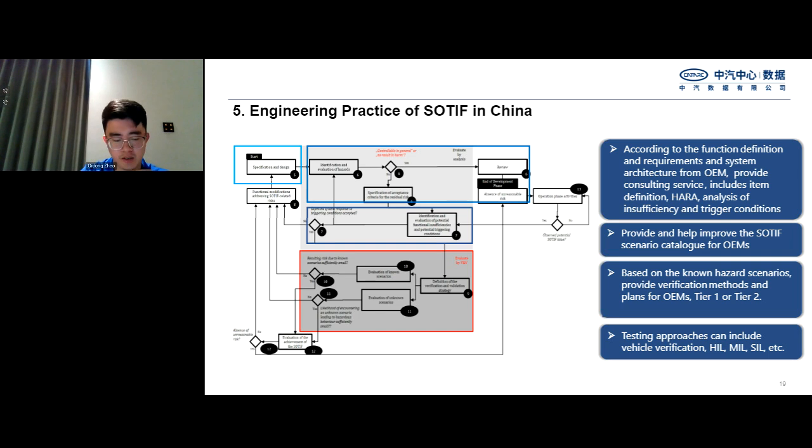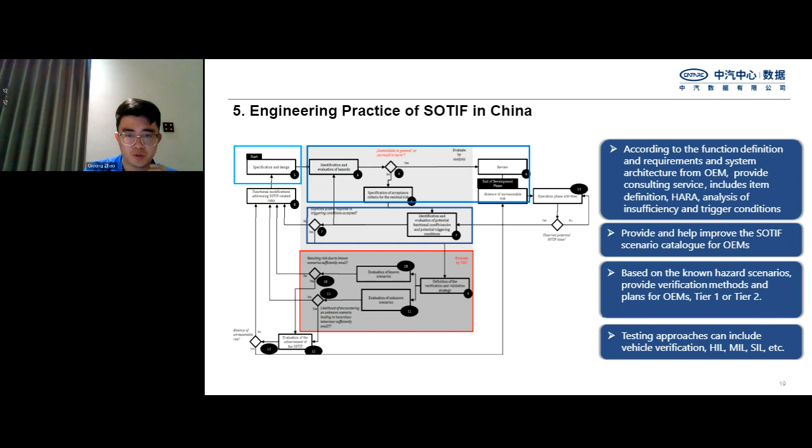Basically, we can divide the whole process into SOTIF development and SOTIF verification and validation. And we usually divide the problems into these four parts according to the function definition or requirements and the system architecture from the OEM.